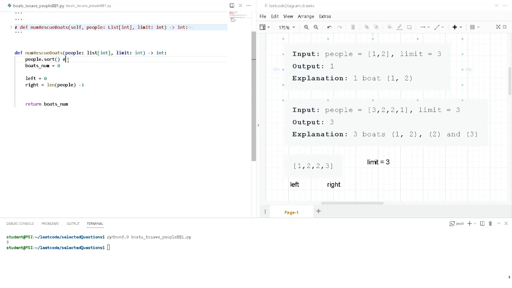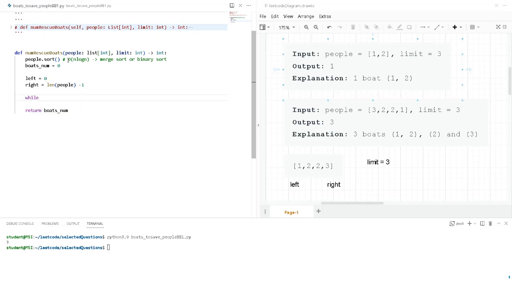So this will take big O of n log n, because it can use something like merge sort or binary sort. Okay, so that's why big O of n log n.